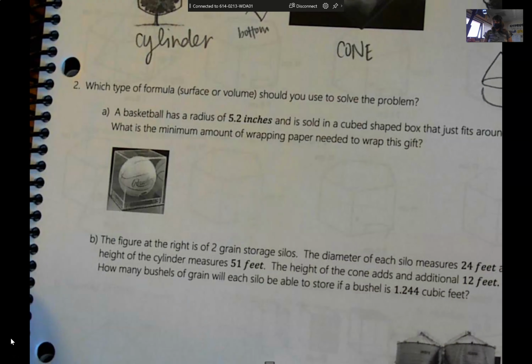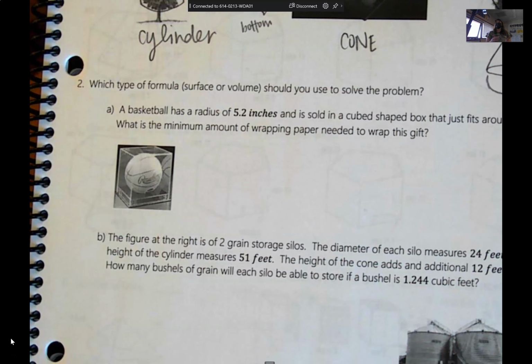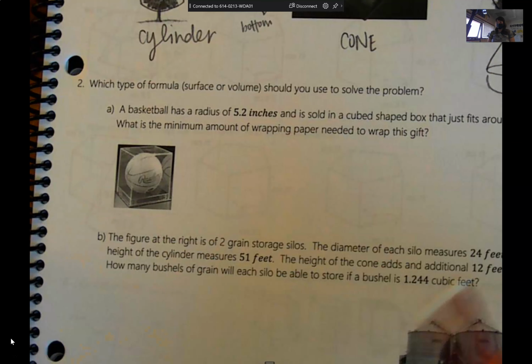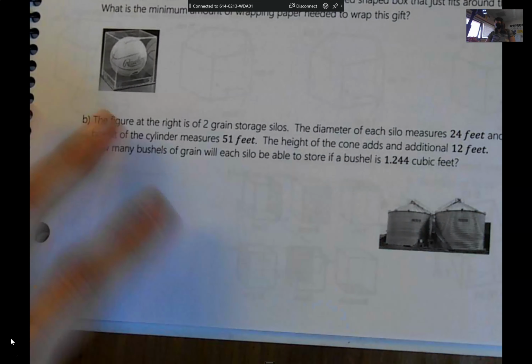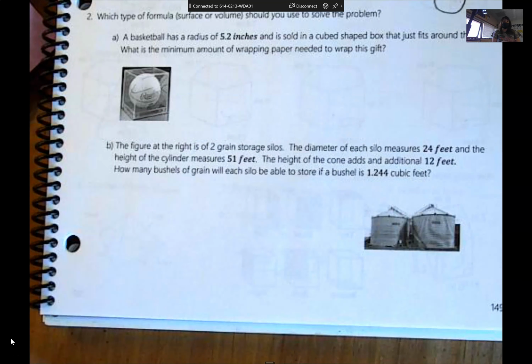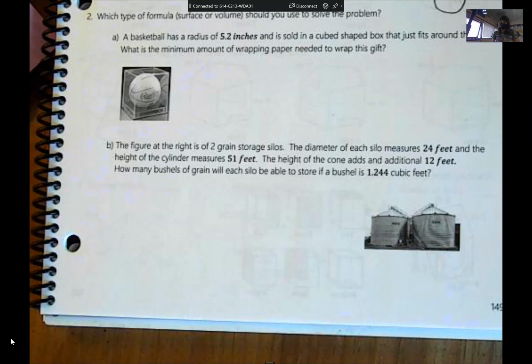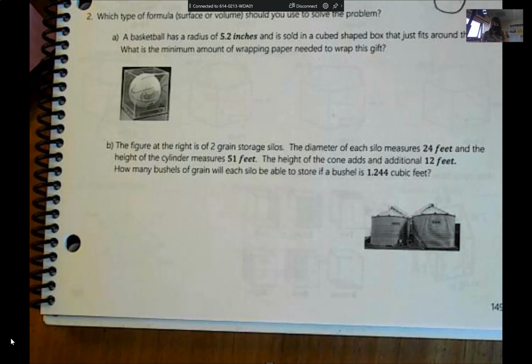Okay, last thing, and then you can try your quiz. They're not asking us to find surface area or volume. They're just describing a situation, and you're going to write down, this is wrapping the present like surface area, or this is volume like the swimming pool. A basketball has a radius of 5.2 inches and is sold in a cube-shaped box that just fits around the ball.